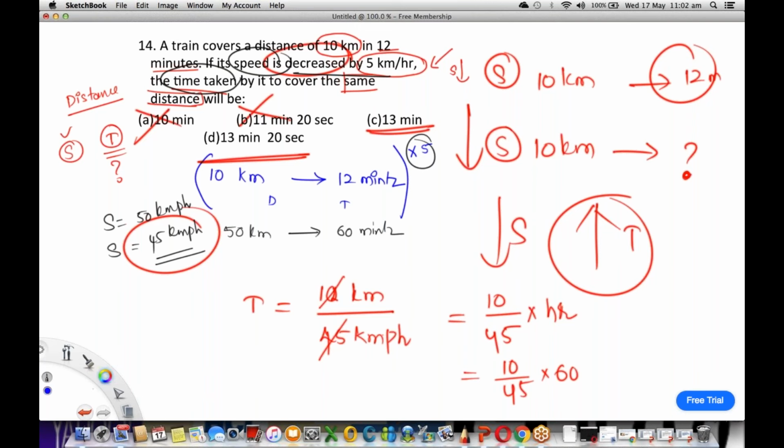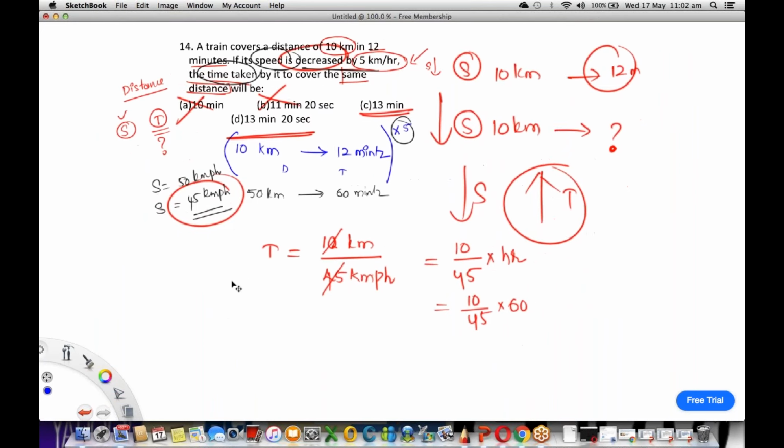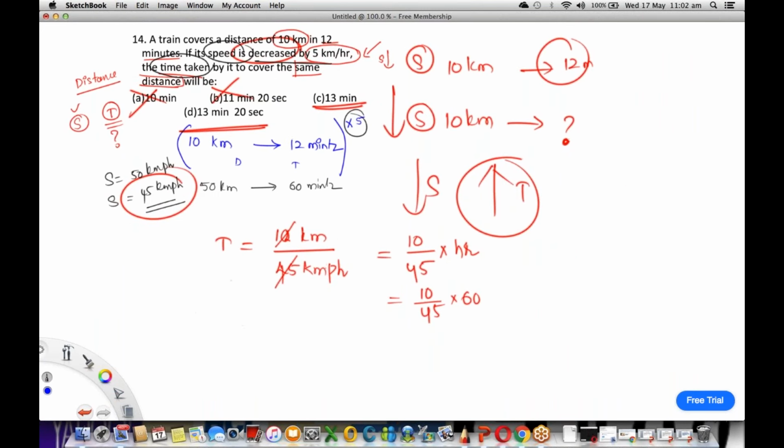I think you understand, because my option choices are not in terms of hours. If it were in terms of hours, I could fix my answer there, but it is given in terms of minutes. So just go for the calculation. That's why 1 hour I'm writing as 60 minutes. So 15 times 4, 15 times 3. So this is nothing but 40 divided by 3. So what is 40 divided by 3? 3 ones 3, we are left with 10.